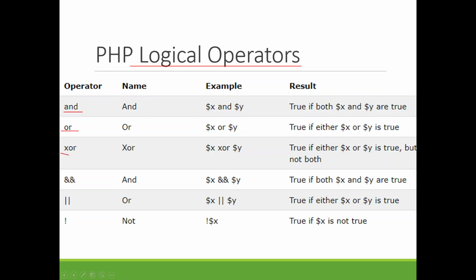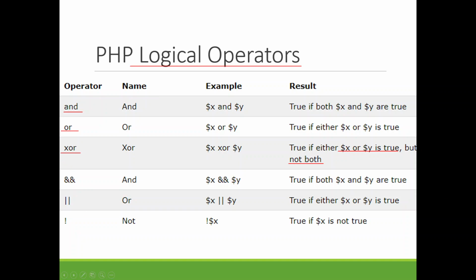Then you have XOR. This is true if either x or y is true, but not both of them. These concepts are very important because we're going to be using them a lot in the logic part of our system.